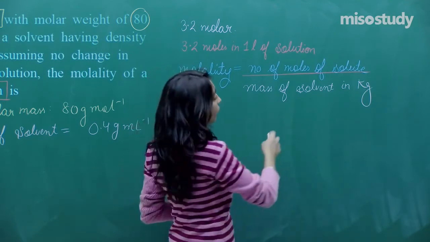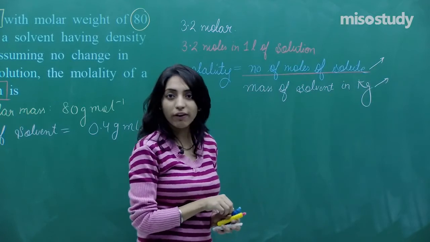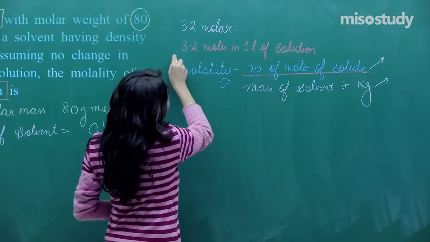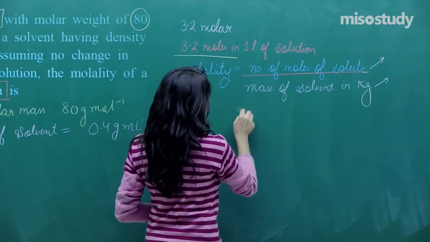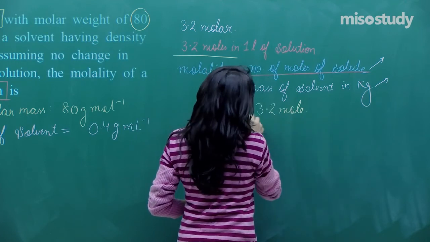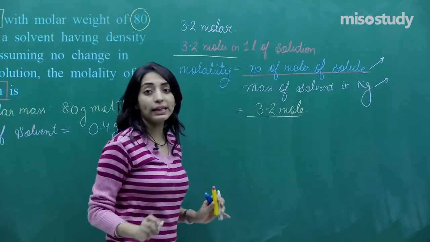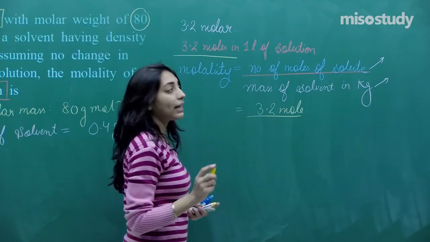You need to be very clear in description what you are talking about. Fine? So there are 3.2 moles of solute, already given to me. Now we need to find the mass of solvent in kg.